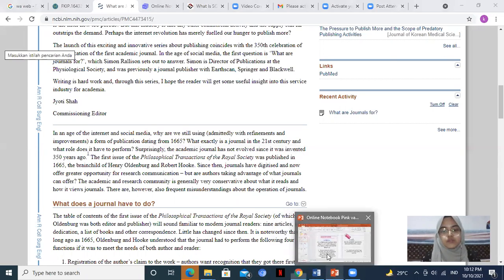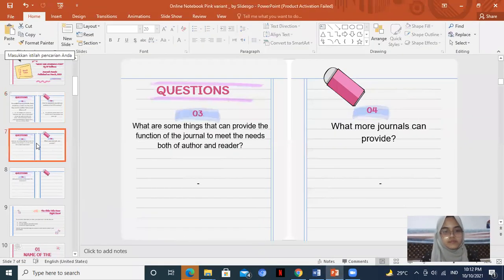So we go to the next question. Question number 3. What are some things that can provide the function of the journal to meet the needs of both the author and reader?